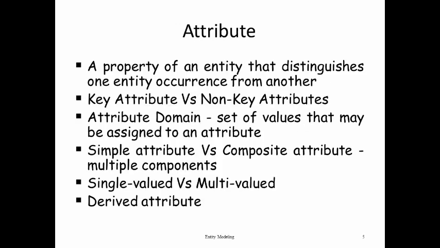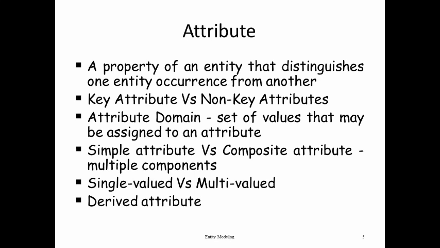Now we said attributes are what we use to be in a position to describe an entity effectively. Like if it is a student, they would have a registration number, first name, and so on. Those would be the attributes. So we have some that are key attributes, and we have others that are non-key attributes.